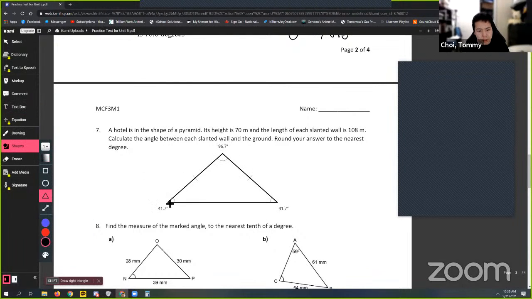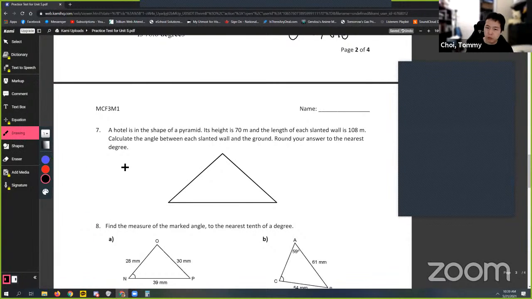So if we were to draw this triangle here, it's a pyramid shape. We fill in the information. It says each slanted wall is 108, and the height is 70. And we need to find the angle of each slanted wall, which is theta and alpha.